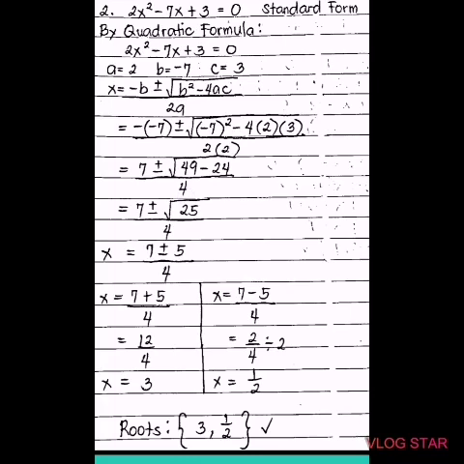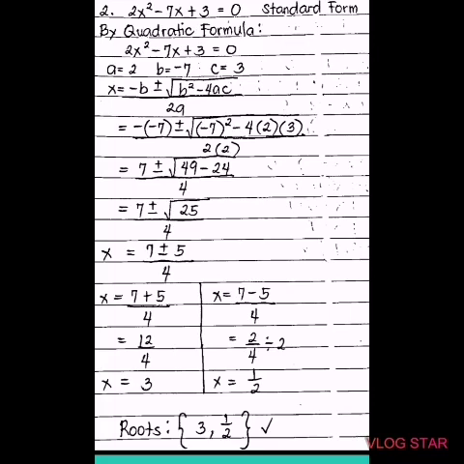Okay, so bring down positive 7, plus or minus the square root of what is 49 minus 24? 25. So, the square root of 25, all over 4. What is the square root of 25? 5. So we have now the value of x, which is 7 plus or minus 5, all over 4.